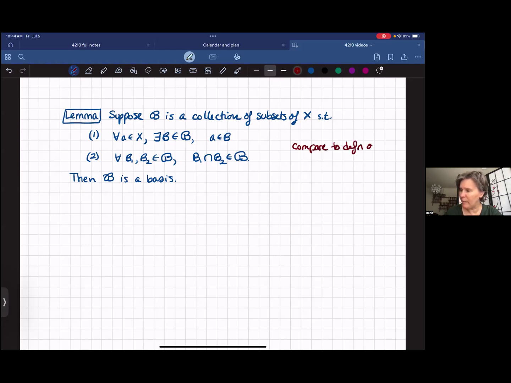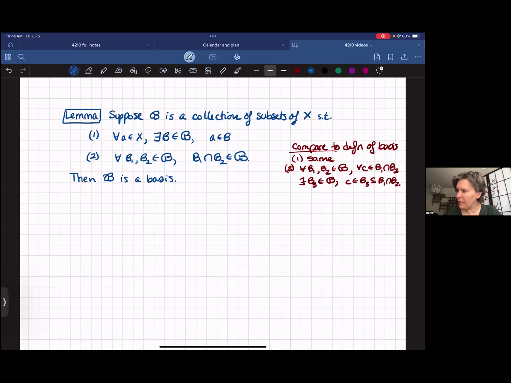Okay, let's compare to the definition of basis. The one part is the same, right? That's the same as in the definition of a basis. The second part says for all B1 and B2 in fancy B, for all C in B1 intersect B2, there exists a B3 in fancy B such that C is in B3, which is a subset of B1 intersect B2.